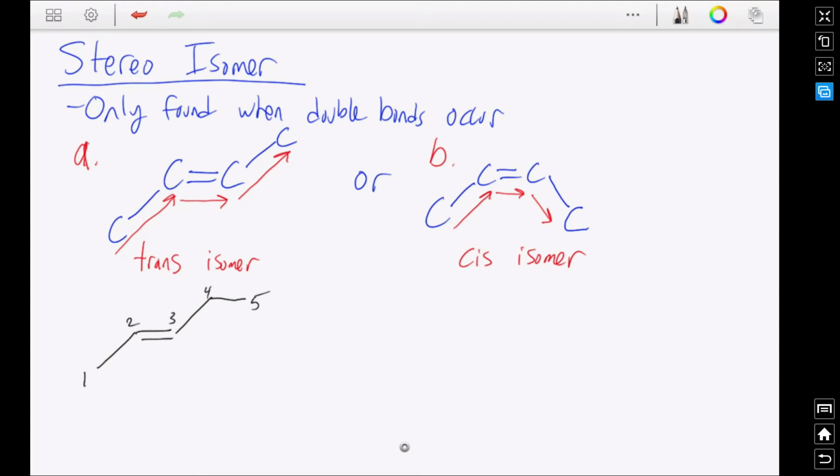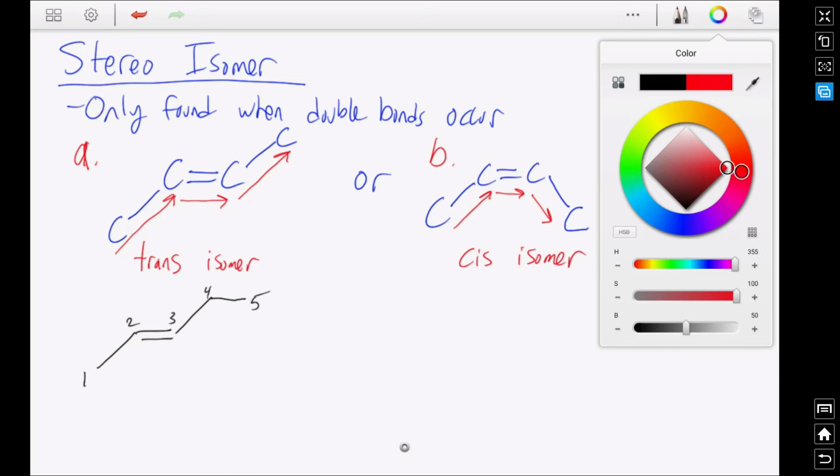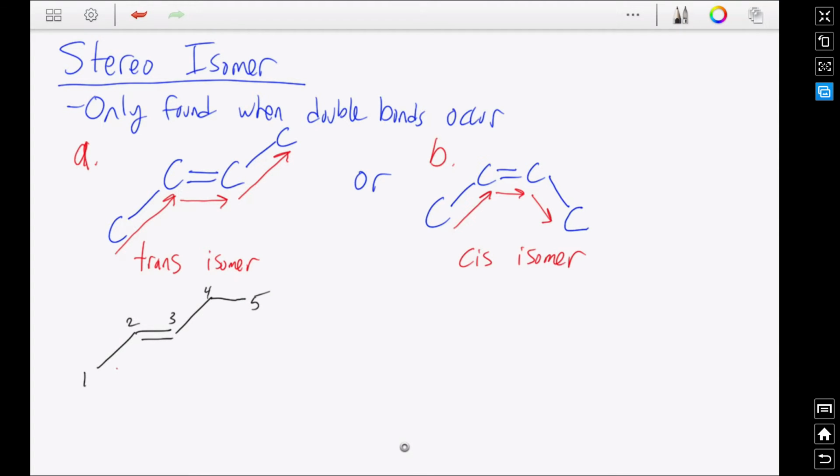This particular pentene, because it's switching sides, normally in the previous lessons we just called a 2-pentene, because we have a double bond at 2.